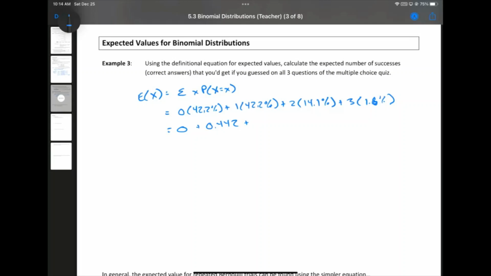The next one is going to be 28.2% or 0.282. And the last one is going to be 3 times 1.6%, which is 4.8% or 0.048. Okay, and now I'm going to pull out my calculator because honestly, I just lose track of numbers in my head.